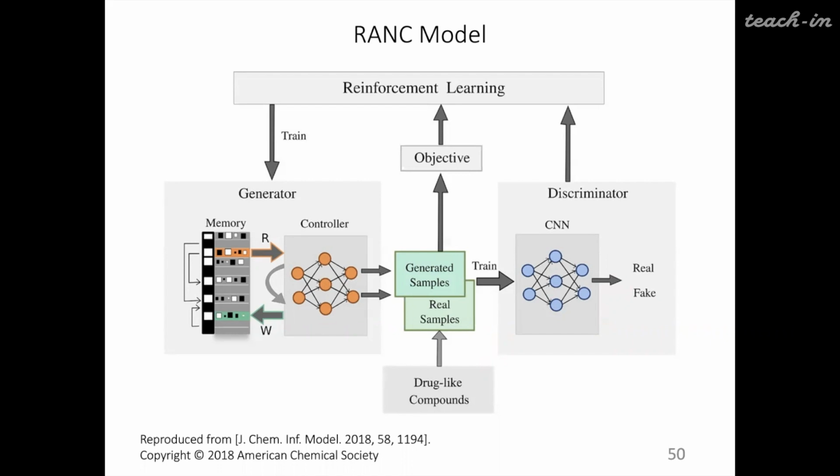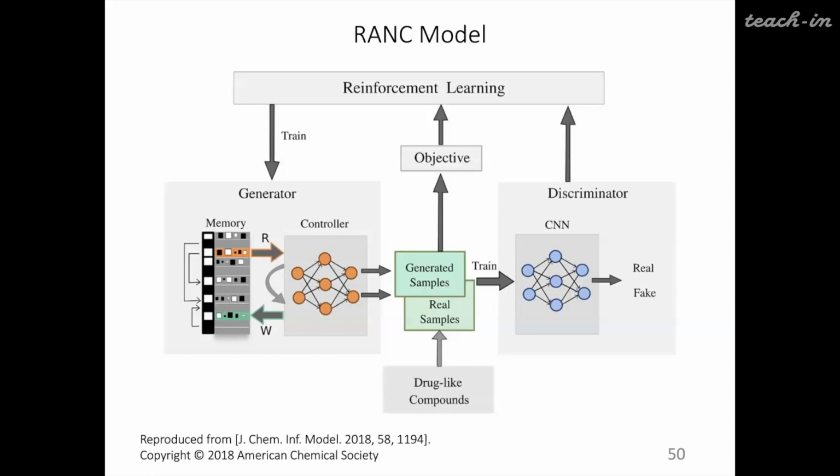And in this model, two neural networks, generator and discriminator, competed in the following fashion. So they had data sets of drug-like compounds, and entries from these data sets were mixed with samples of generated molecules.